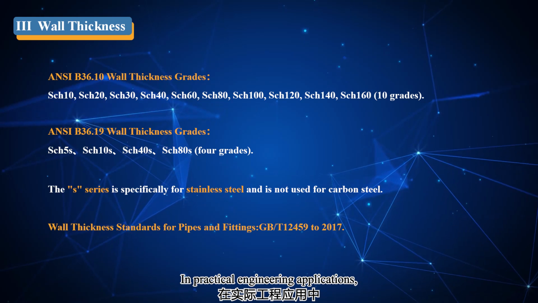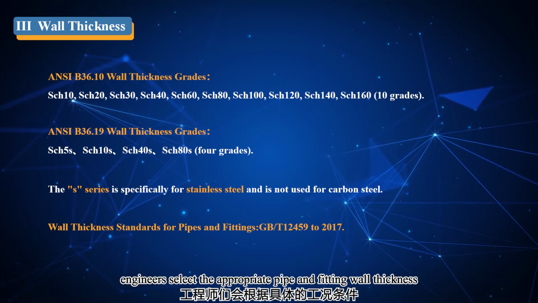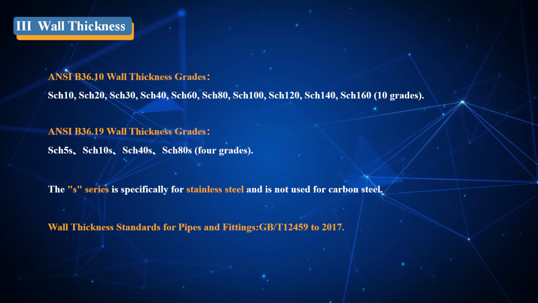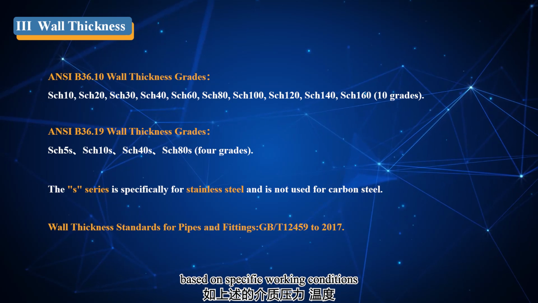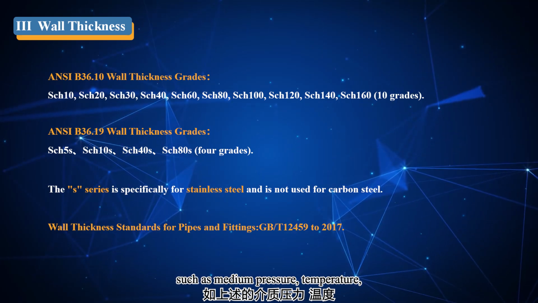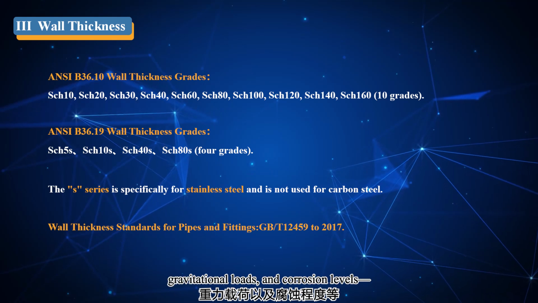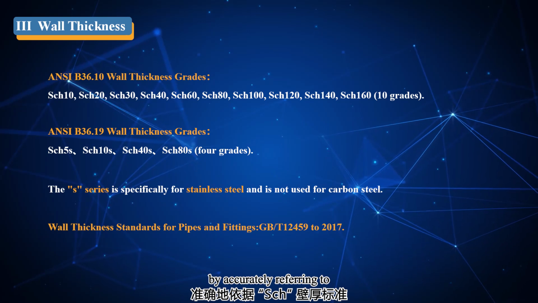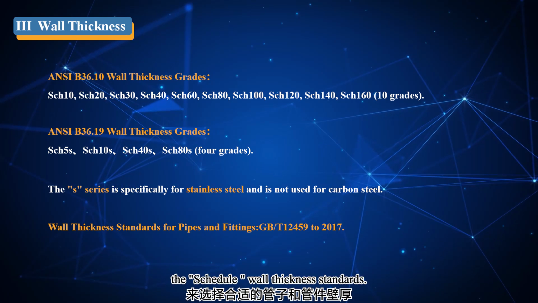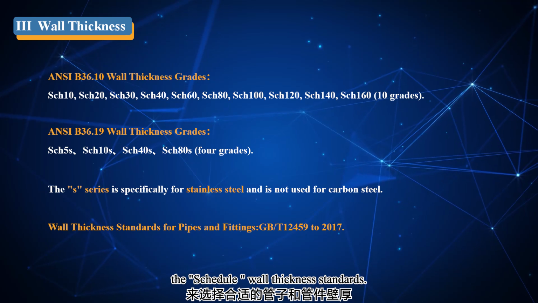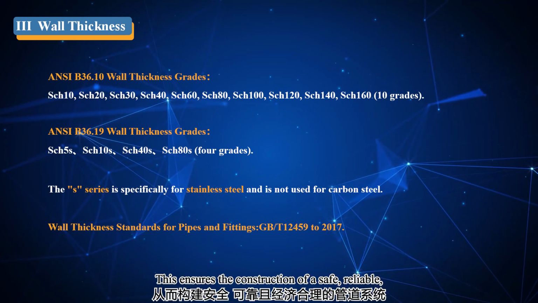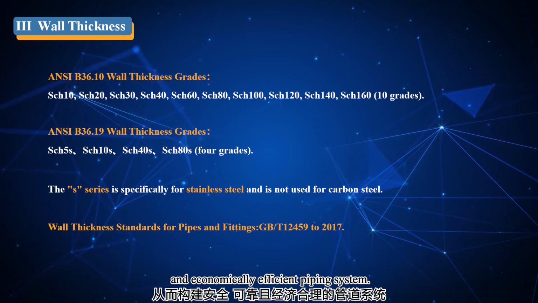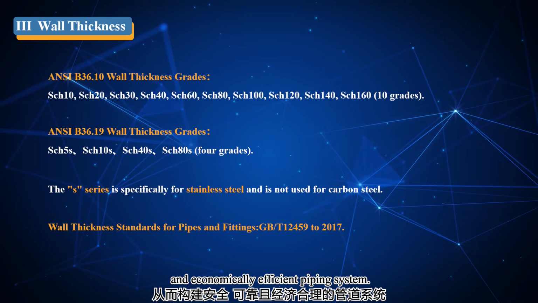In practical engineering applications, engineers select the appropriate pipe and fitting wall thickness based on specific working conditions such as medium pressure, temperature, gravitational loads, and corrosion levels by accurately referring to the schedule wall thickness standards. This ensures the construction of a safe, reliable, and economically efficient piping system.